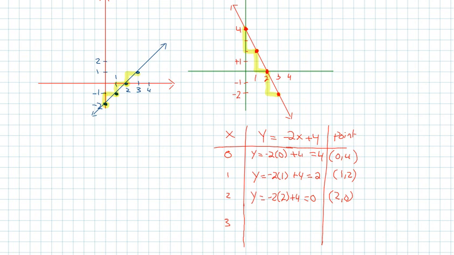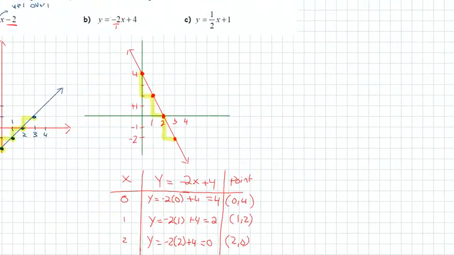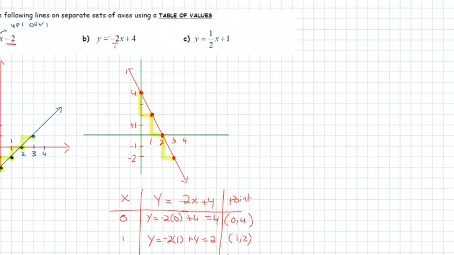So you have to do the table, and then you have to graph these points and then draw the line. Okay? So after you do the table of values, you should locate your points on the graph and then you should draw them. I'm going to tell you what values of x you're going to use for them, and I'm going to let you do it.